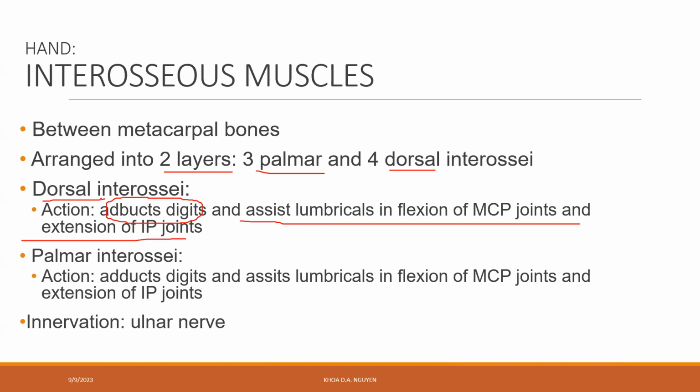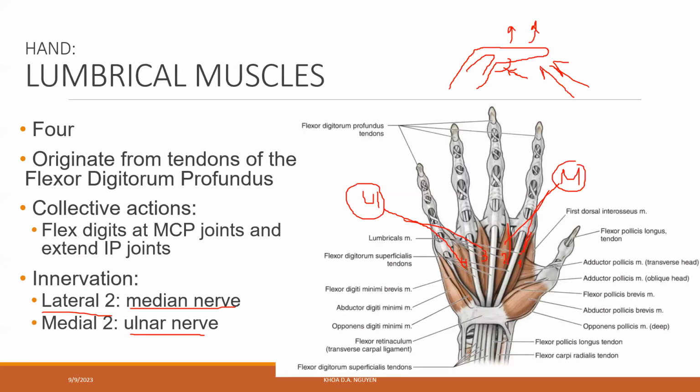So dorsal interossei abduct: DAB. They abduct digits, DAB. Then you have the palmar interossei. What do they do? They adduct the digits and assist the lumbricals in the flexion of MCP and extension of IP joints, which is this action right here.